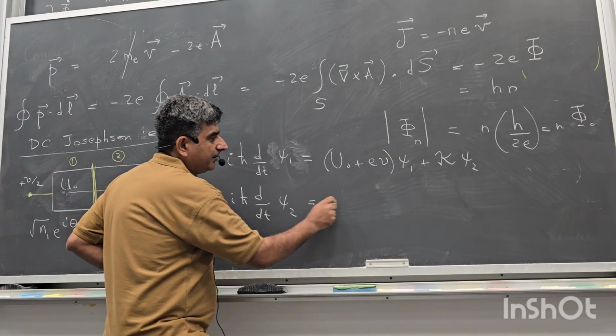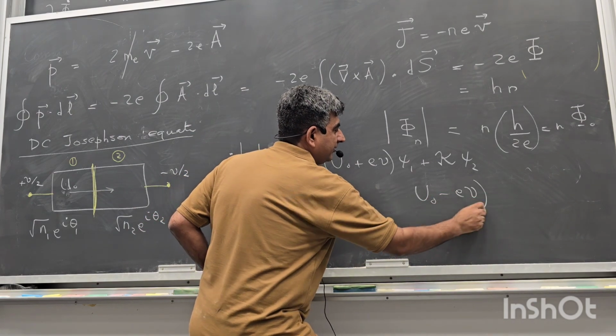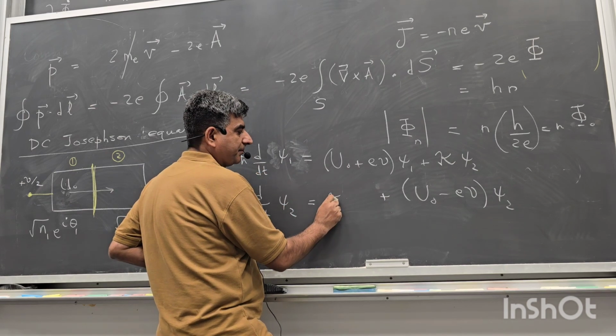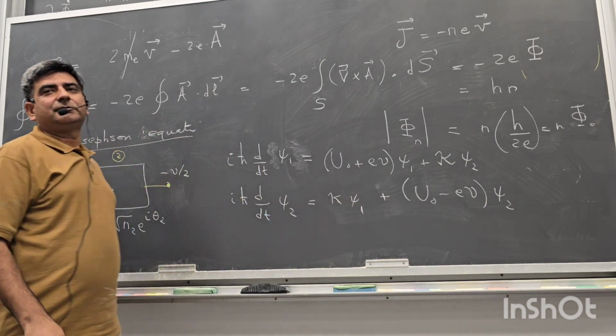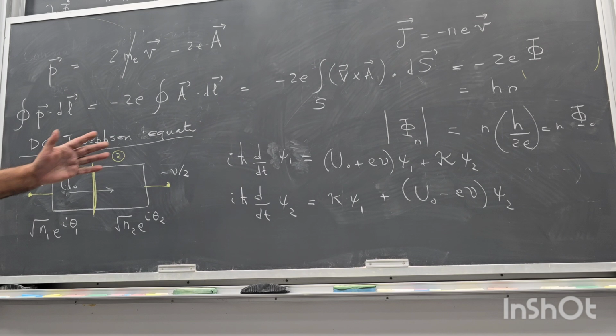So this will be (U0 minus eV) ψ2 plus kappa ψ1. Now I have these two differential equations and I can solve them as simultaneous equations. So I'll get some solutions. So the solutions to these equations are the DC-Josephson equations.